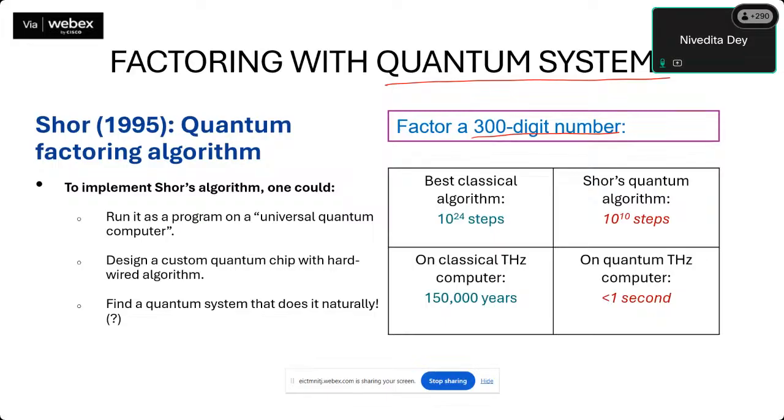On the contrary, Shor's algorithm will take 10 to the power 10 steps, and a quantum computer of similar terahertz capacity, 10 to the power 12 cycles per second, can solve it in less than 1 second. So just see what we are actually looking into, and why, as researchers, we can be motivated to devise quantum algorithms, right?